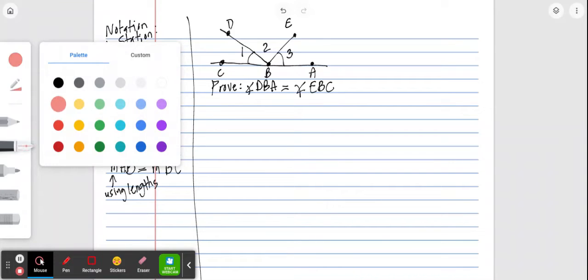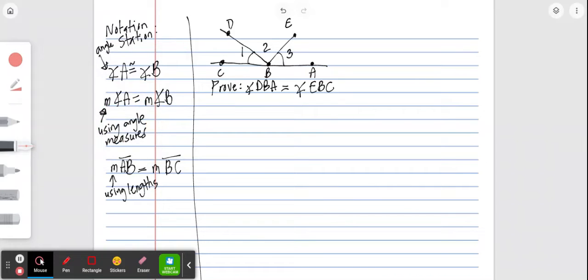So I'm going to do a little outline. DBA is this angle right here. So it goes from this line DB all the way to this line BA. Okay, it's that angle. And EBC is the opposite.